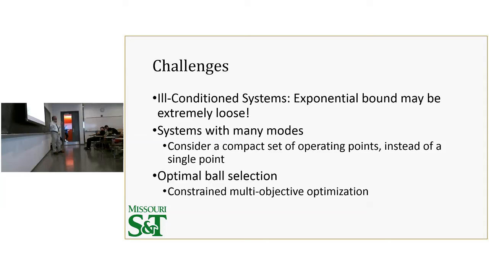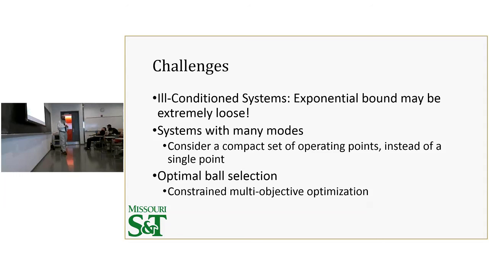Sometimes the ellipsoids end up looking like a line because they're so long and skinny. And that causes a real problem. That makes the exponential bound extremely loose. In which case, we're doing some other things with approximate decay rates and things like that.